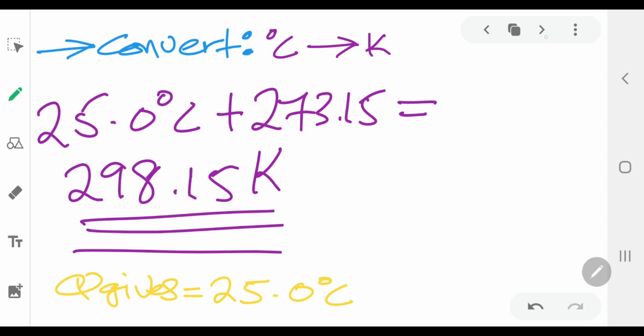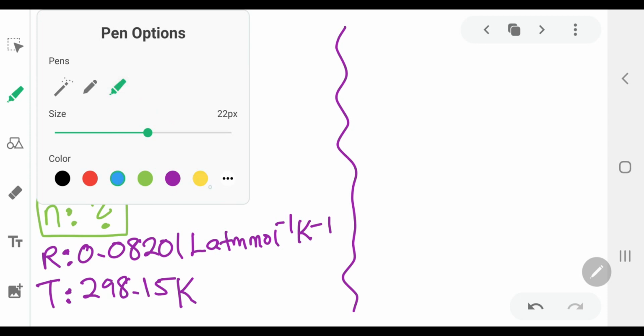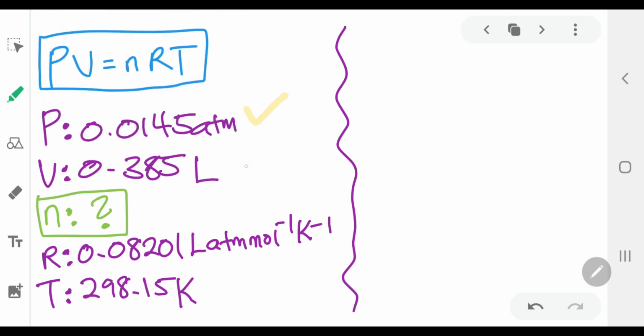So that is the temperature. Now we're going to use this, okay? PV equals nRT. We have this one sorted out, that one is sorted, and we get that one. Now we need to find out what is the number of mole.